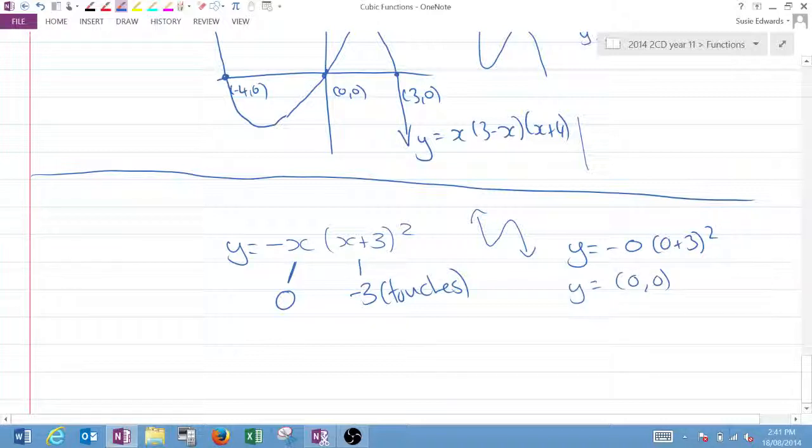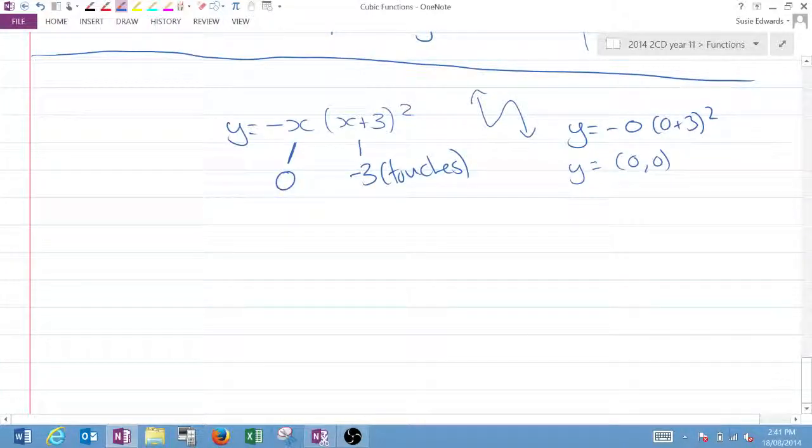Alright? So, we've only got 2 points on this line. We've got 0, 0, and we've got -3. But we know the line has to go like this. So, I start top left-hand corner. I get to this line, and what do I do when I get to this line? I go back up.